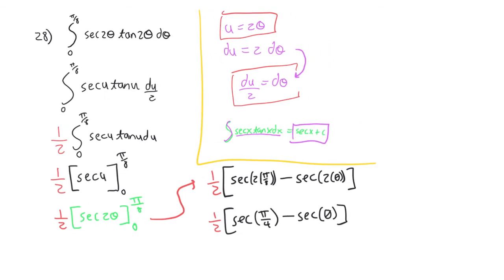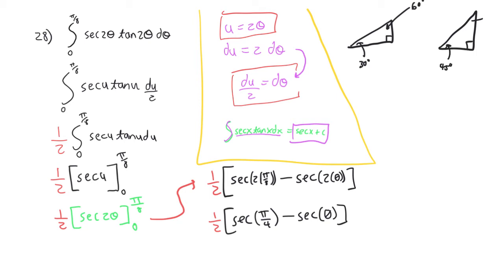There's really 3 triangles you need to familiarize yourself with when it comes to figuring out trig functions and so on. 3 main triangles at least are the 30, 60, 90, where that's 30, that's 60, and obviously the bottom right one is 90. You also have the 45, 45, 90.